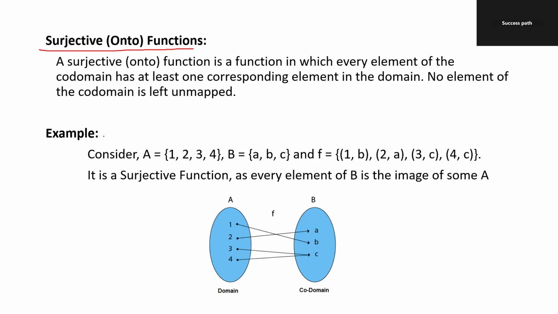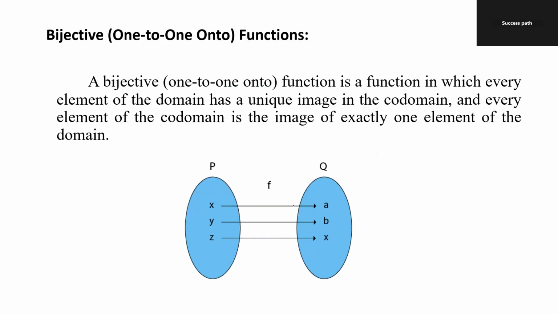Okay. The surjective onto function is a function in which every element of the codomain has at least one corresponding element in the domain. So no element of the codomain is left unmapped. For example, here you can see A and B they have given. How we are mapping, you can see: 3 to C and 4 to C. So it's a surjective function, as every element of B is the image of some element of A. And bijective is a one-to-one onto function.